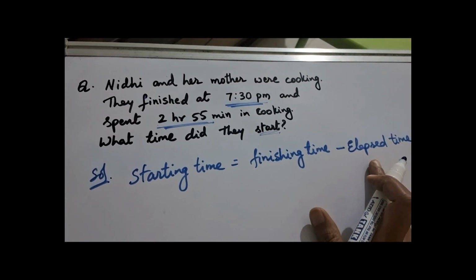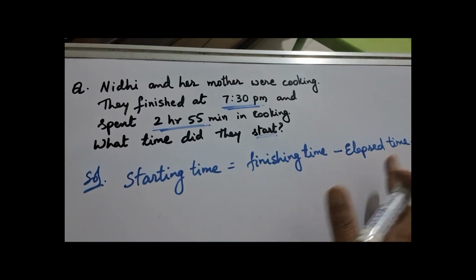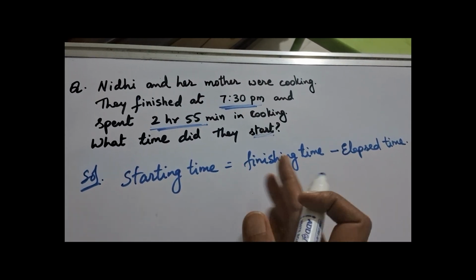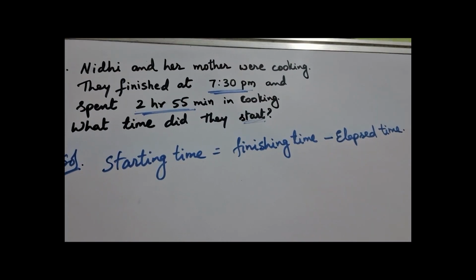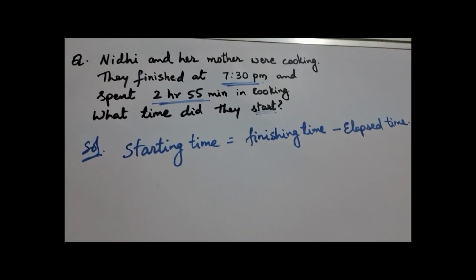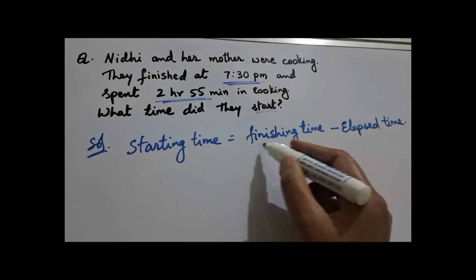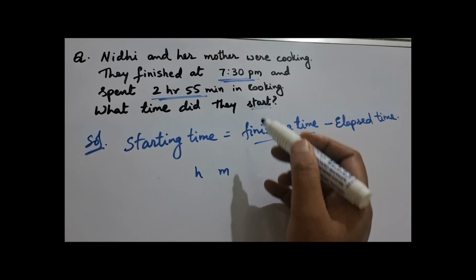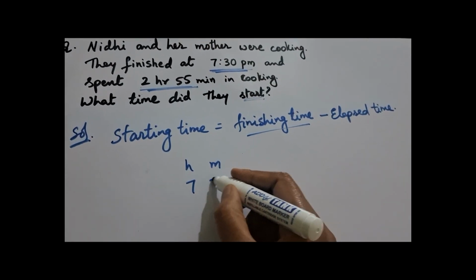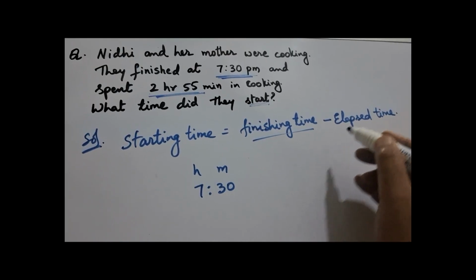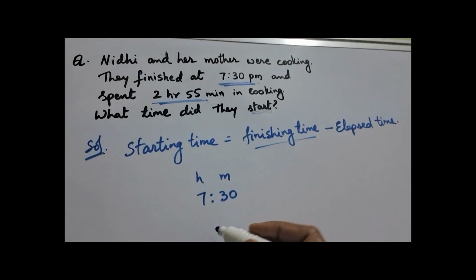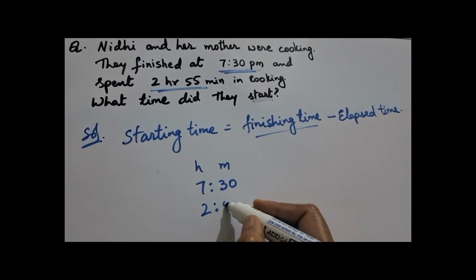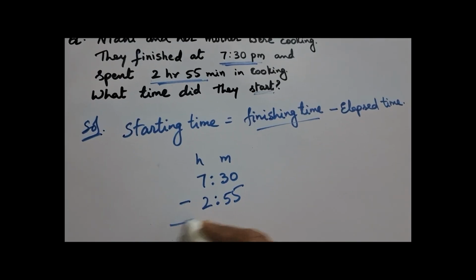So if we subtract how much time taken from the finishing time, then we get the starting time. Okay, children. So let us find the starting time here. What is the finishing time given? Finishing time given 7:30. So 7:30. Next. Elapsed time is given 2 hours 55 minutes. So you have to subtract it.